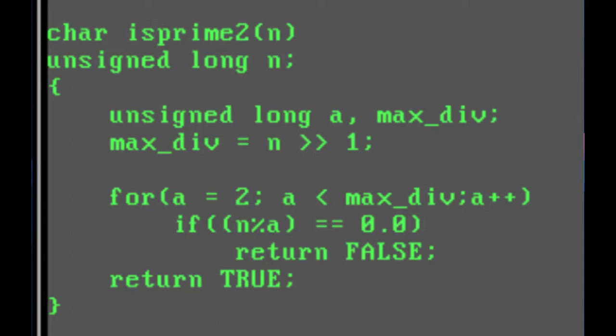Then, in the for loop, we now only have to check divisors up to half of the value of n. This should offer a significant boost in speed. Let's try it out.